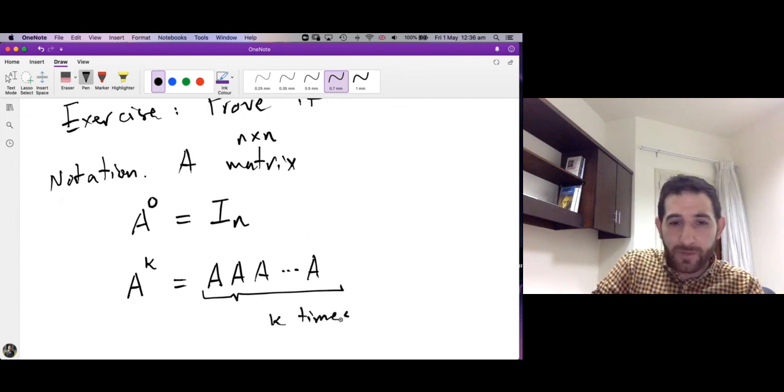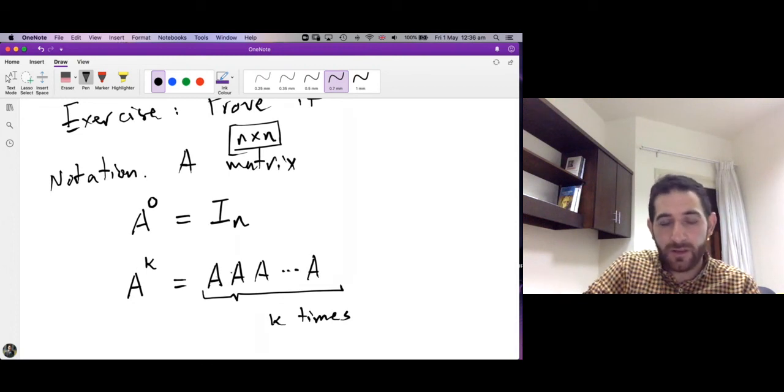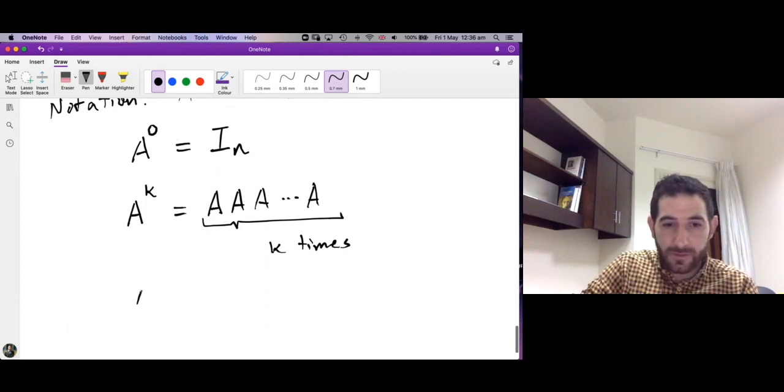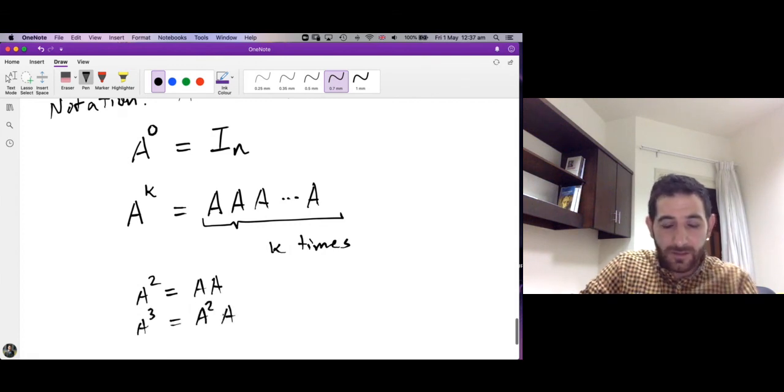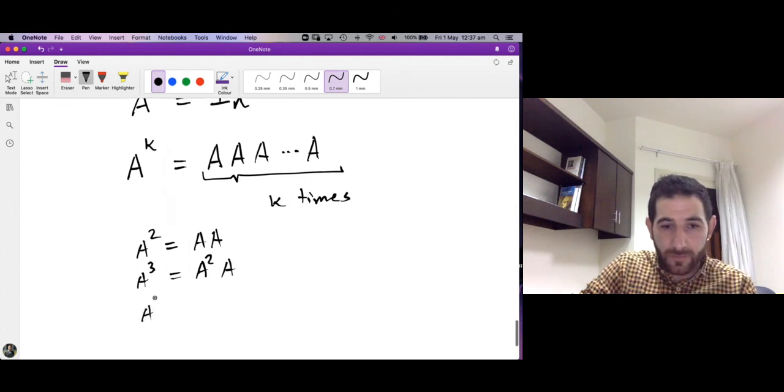And notice we can perform these multiplications because all of the matrices are of dimension n by n. Okay, so first you multiply A by A, and then you get A squared, and then A cubed. So A cubed is A squared times A, and A to the power 4 is A cubed times A, and so on.